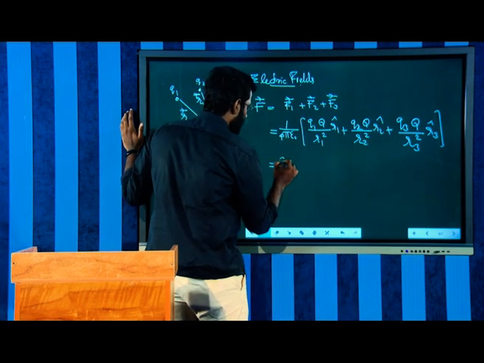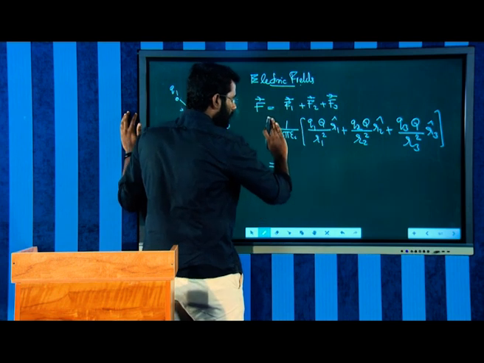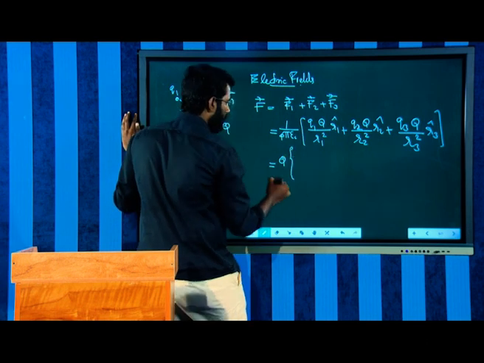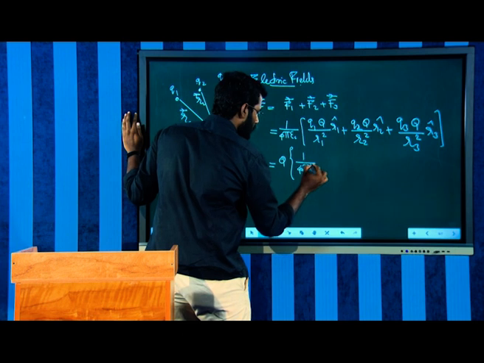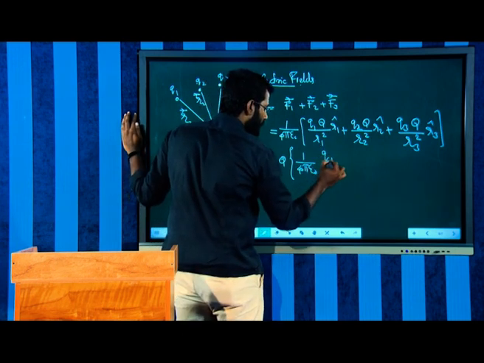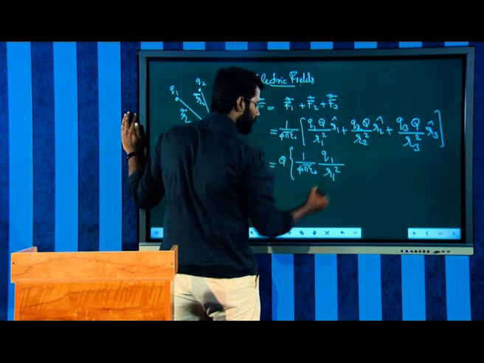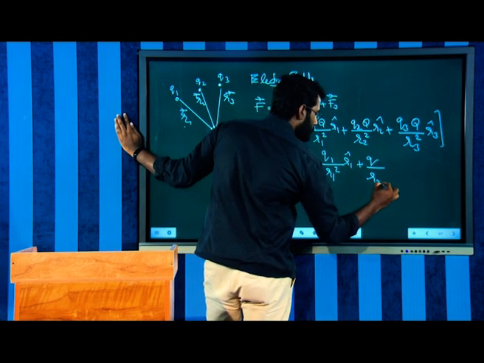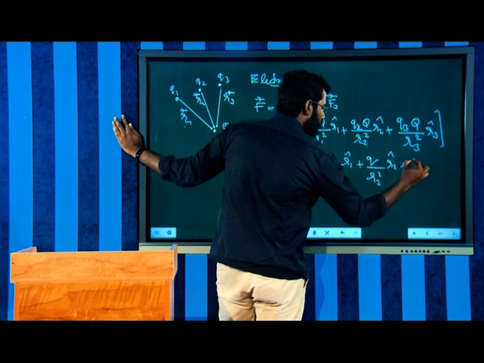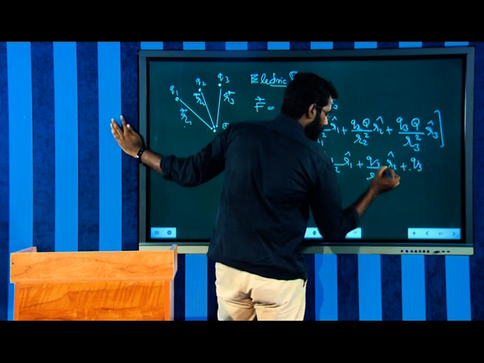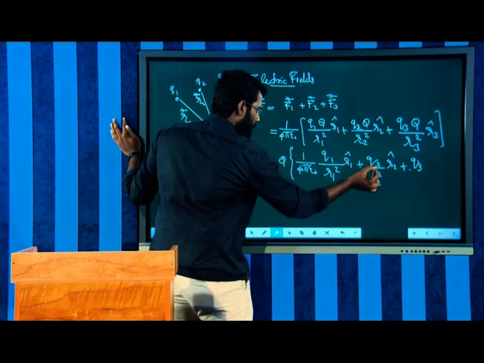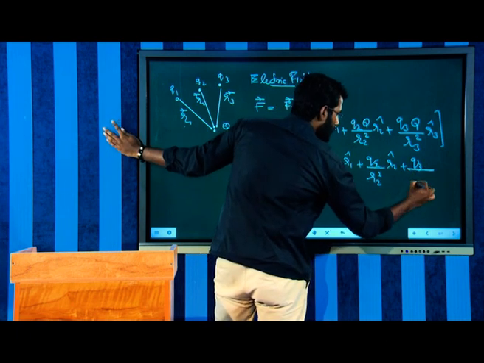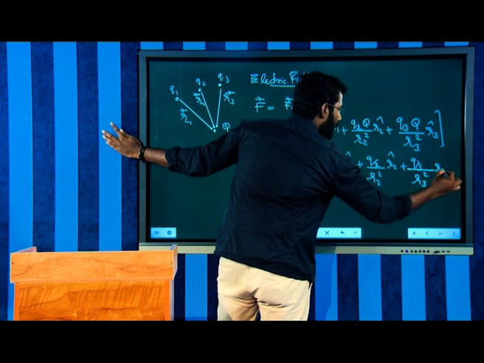Taking the remaining without Q together, that is 1 by 4 pi epsilon 0 times Q1 divided by R1 square into R1 cap, plus Q2 divided by R2 square into R2 cap, plus Q3 divided by R3 square into R3 cap.